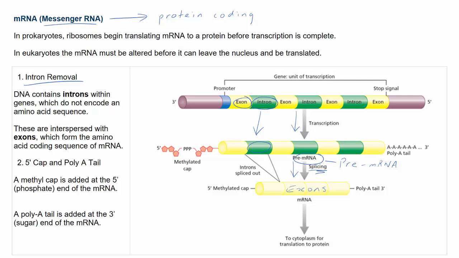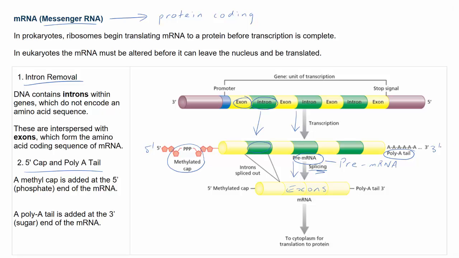The other important alteration before pre-mRNA becomes mRNA is the addition of a methylated cap, or a methyl cap, on the 5' end of the pre-mRNA and something referred to as a poly-A tail, which is added to the 3' end of the pre-mRNA.